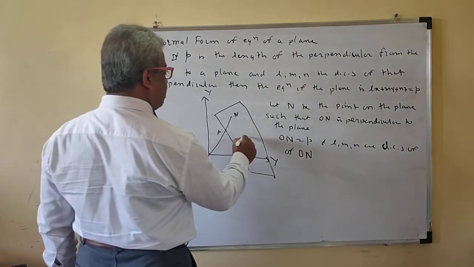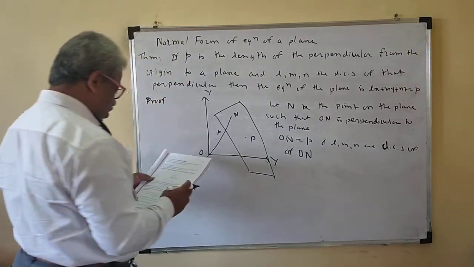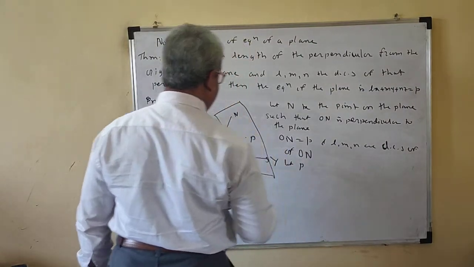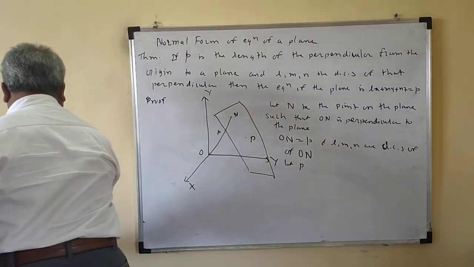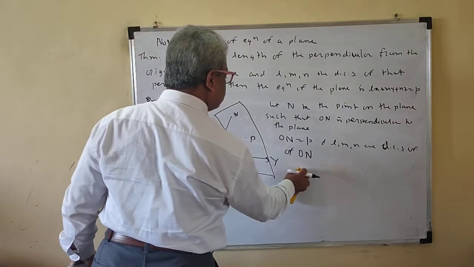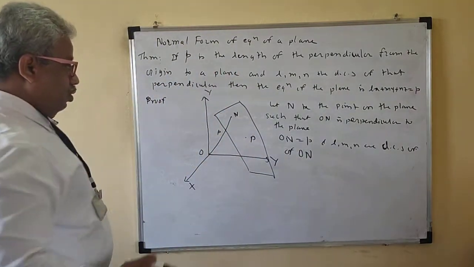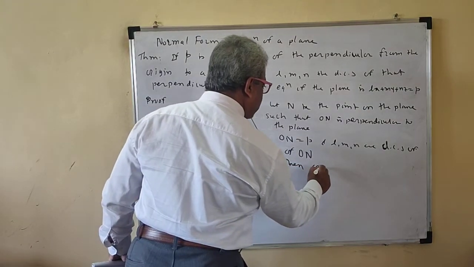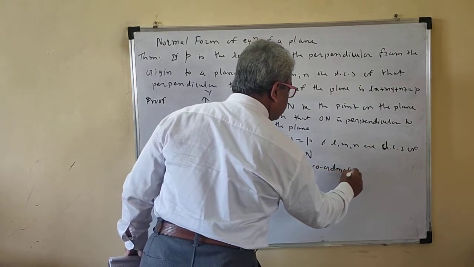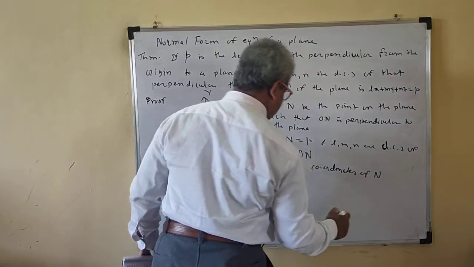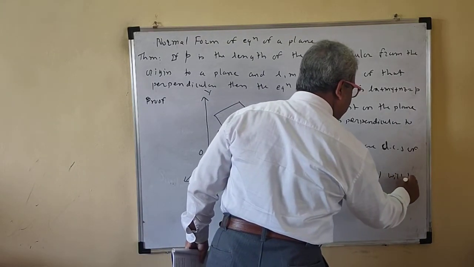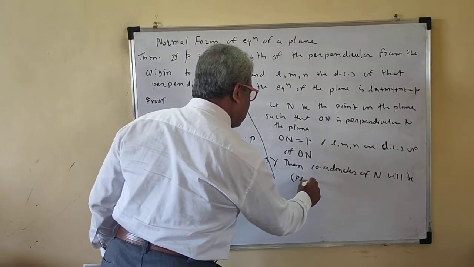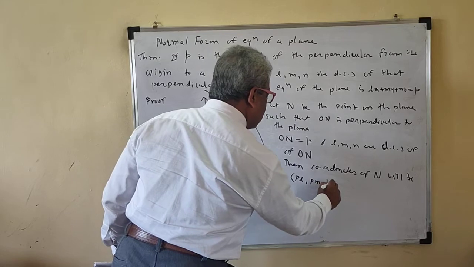Now I will take P as any point on the plane. Then the coordinates of N will be pl, pm, pn.